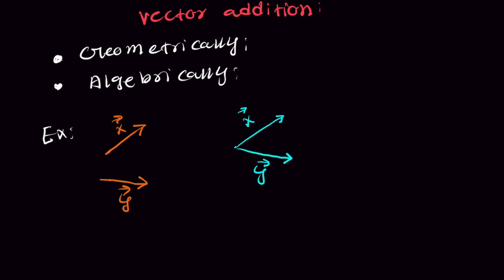Then we continue from vector x along vector y, parallel to vector y. And also we continue from vector y parallel to vector x. And then we draw a diagonal line. This line is actually our vector x and vector y addition.